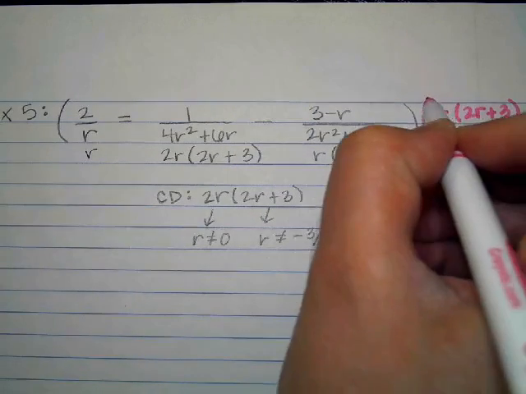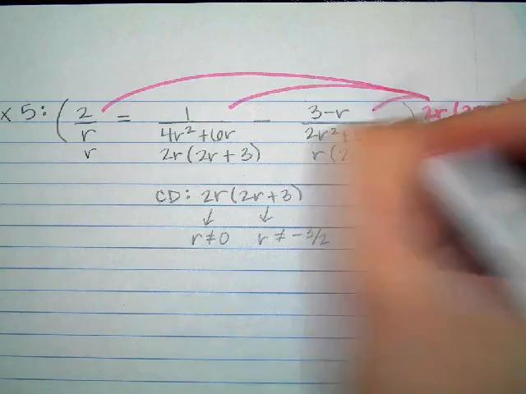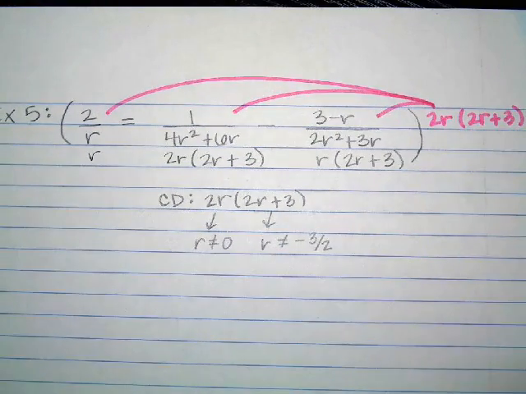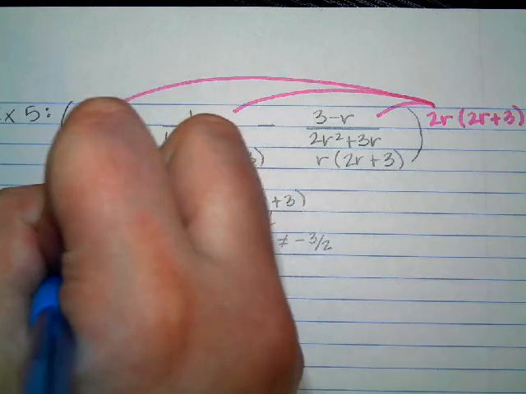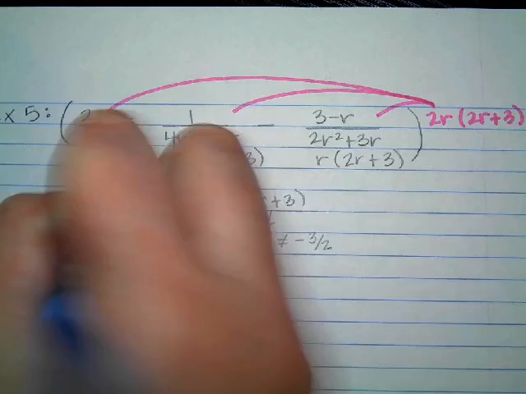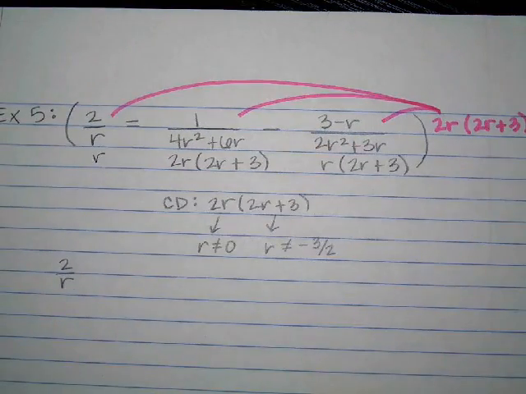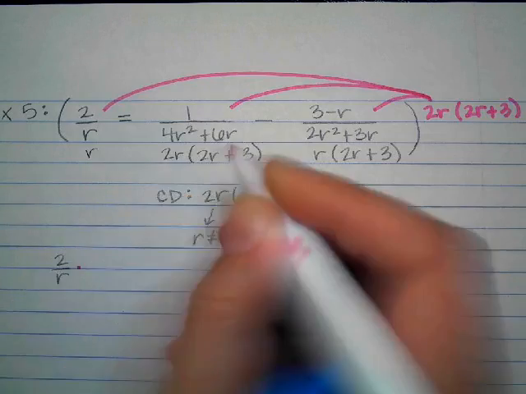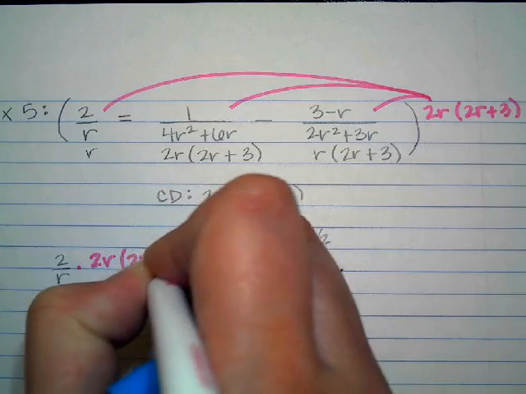We're going to do this times the first term, and the second term, and the third term. So I've got 2 over r times 2r times 2r plus 3.